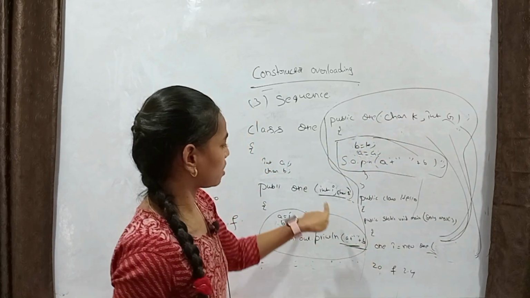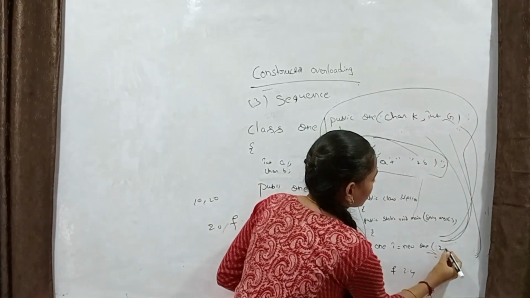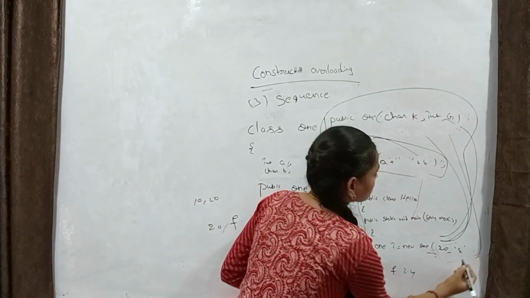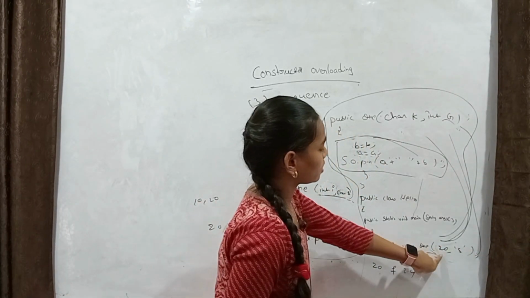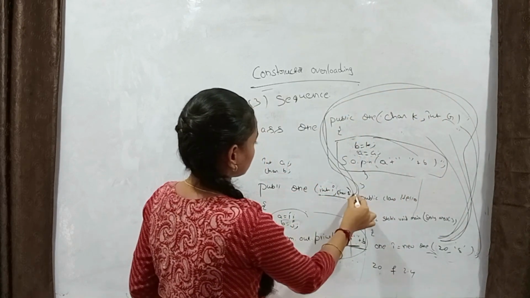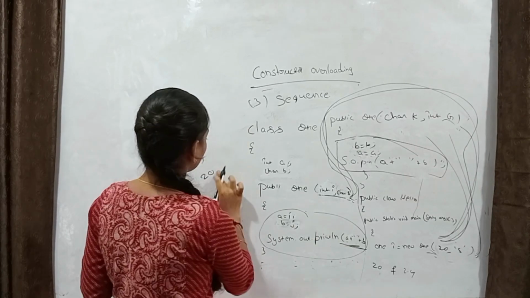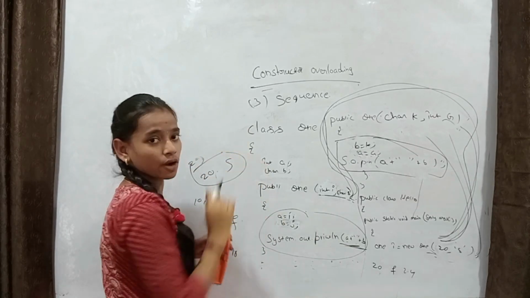If I pass one int value and one char value in order, say 20 and a char value, it will pass the values to the first constructor and give us the output.